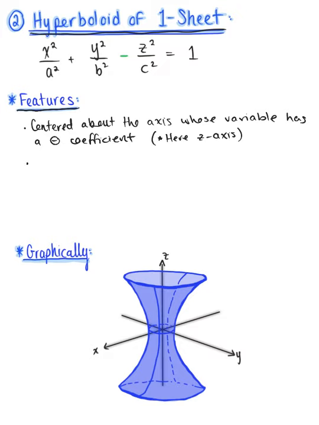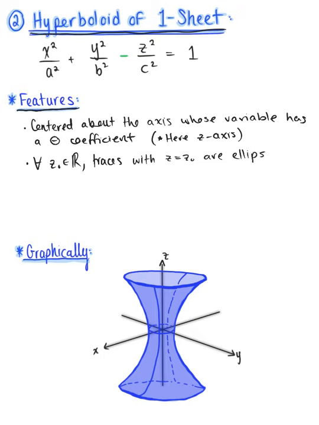I also want you to note that for all real numbers z0, the traces with z equal to that constant z0 are ellipses. So we say for all real numbers z0, traces defined as z equal to z0 are ellipses.